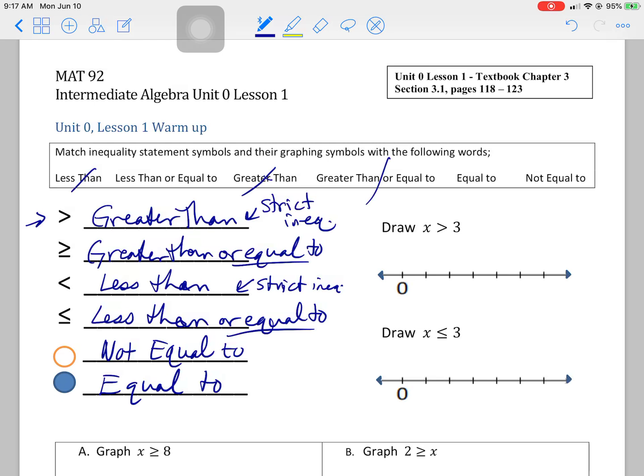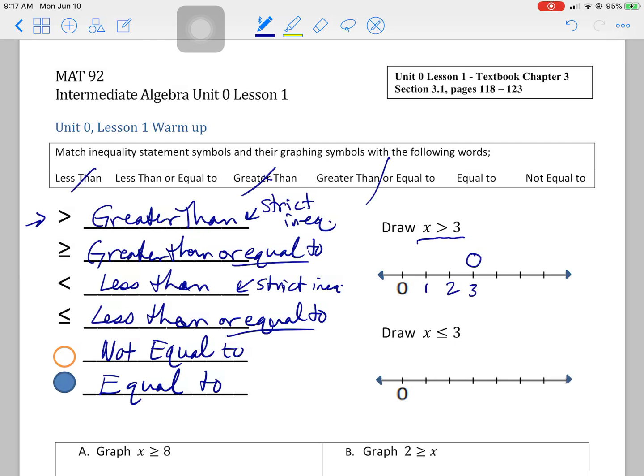So when you go over here and look at this statement that says x is greater than 3. 1, 2, 3, x is greater than. Some people put it right on the graph, so I like to put it above just so it doesn't mess up all my numbers, but this is greater than 3. That means it's not 3. 3 can't be the answer, but it can be infinitely close up to 3 without being 3.